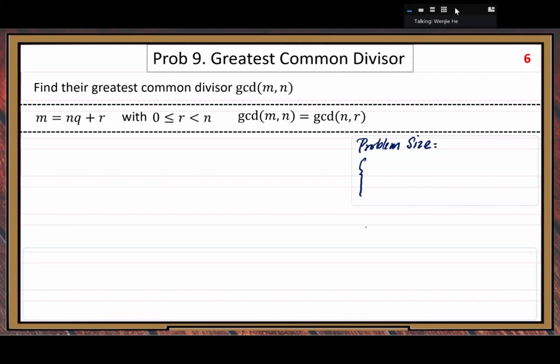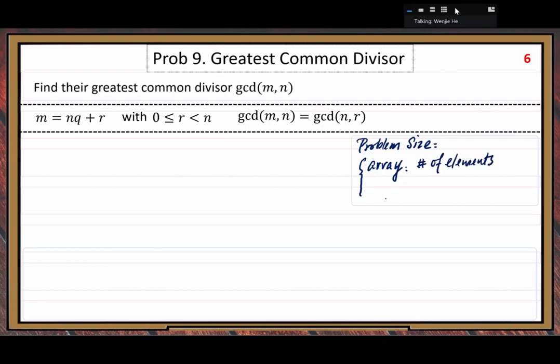The first one regards array input. If our input comes from an array, in this situation the meaning of size is the number of elements in the array.